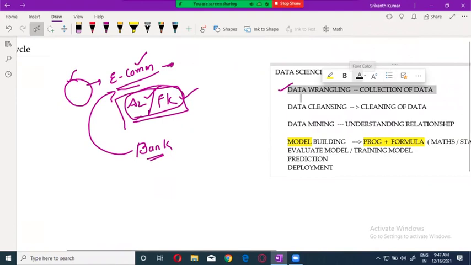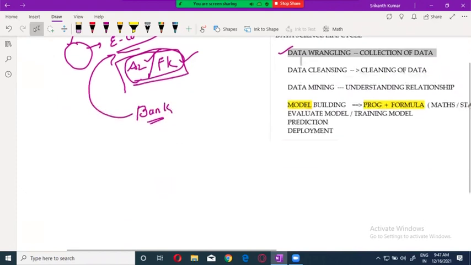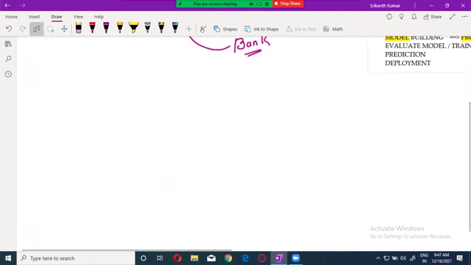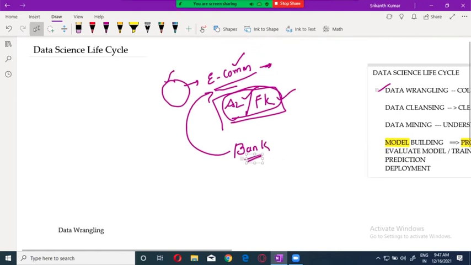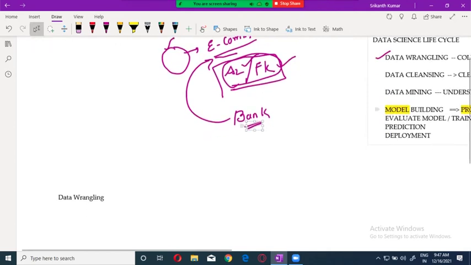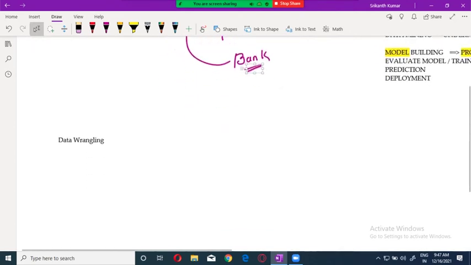So now let's talk about what we are going to do to get the right data, and what the actual process required is. Under data wrangling, which is the very first step of data science, that is collection of the data, you will have multiple steps. The first one is data gathering.